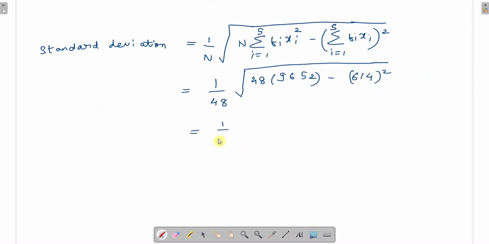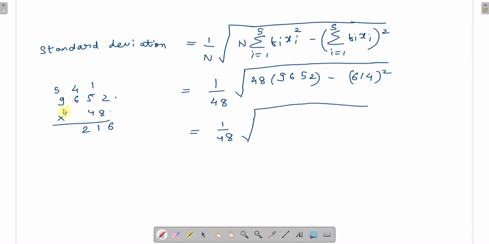So 1 by 48 root of, so we have to calculate this first. 9652 times 48. So 2 times 8 is 16. 8 times 5 is 40 plus 1 is 41. 8 times 6 is 48, 48 plus 4 is 52. 9 times 8 is 72, 72 plus 5 is 77.